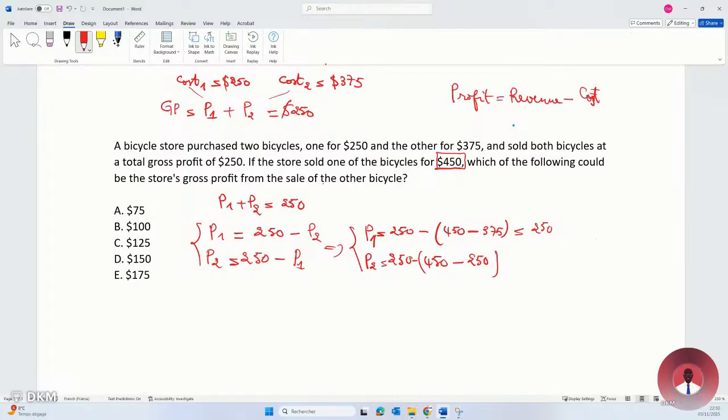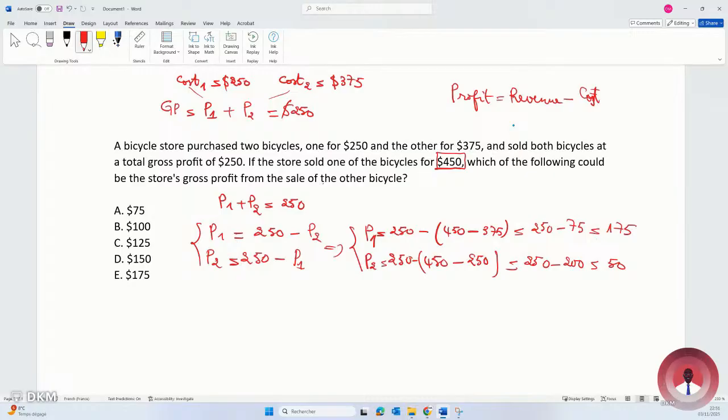So this is going to give us how much? 75. Then the other profit is 250 minus 200, so this will be 50, and the other will be 175.